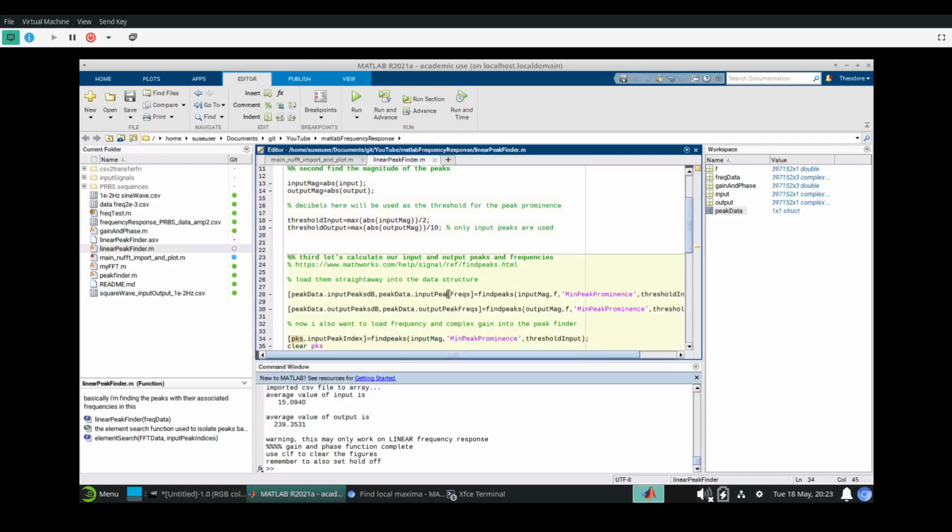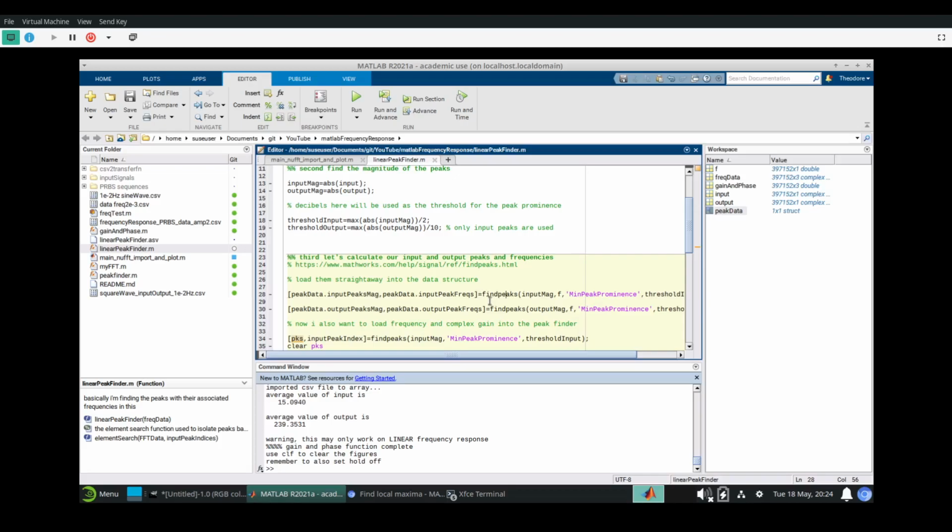So let's do this. We have peak data, input peaks: input peak magnitude and output peak magnitude.